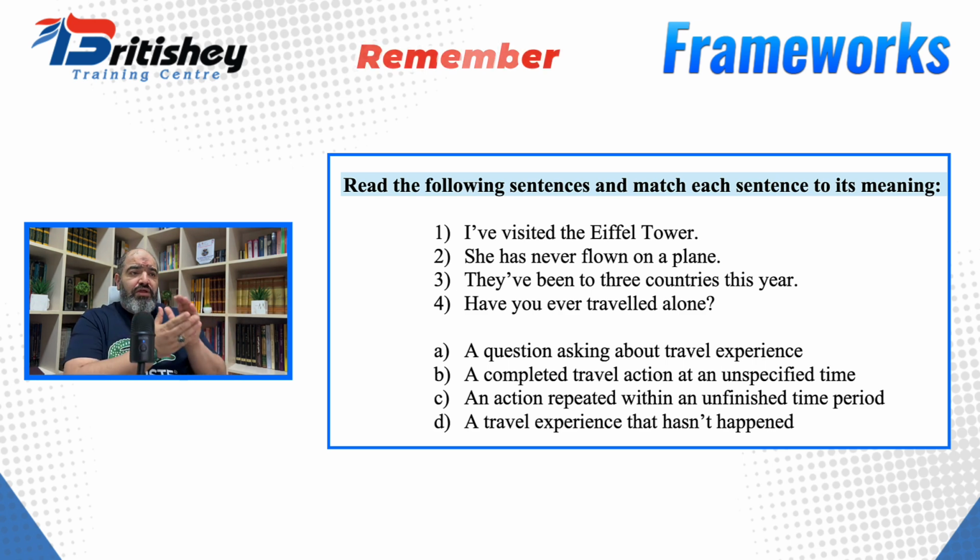So, for example, the first sentence says, I have visited the Eiffel Tower. Second one, she's never flown on a plane. And then students have options. A question asking about travel experience, a completed travel action at an unspecified time, an action repeated within an unfinished time period, and it goes like that, and then they match.